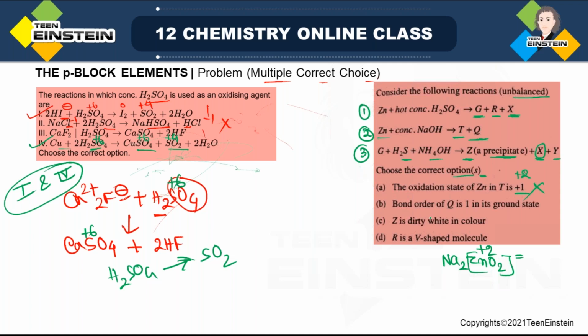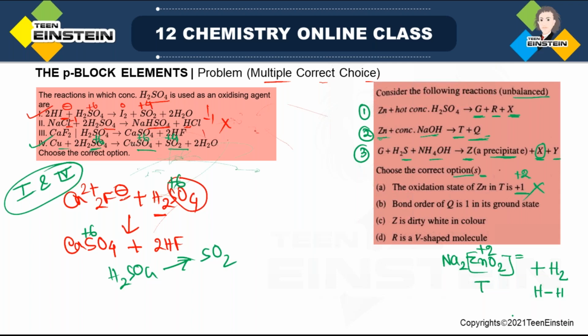And the next one is the bond order of Q. That is the other product. That is 1 in its ground state. So this is T, and the other product is basically, see here Zn is reacting with NaOH, it is forming Na2ZnO2, and hydrogen is also produced. Now hydrogen, if we write it in this way, there is only one bond present between two hydrogens, and the number of bonds is nothing but the bond order.